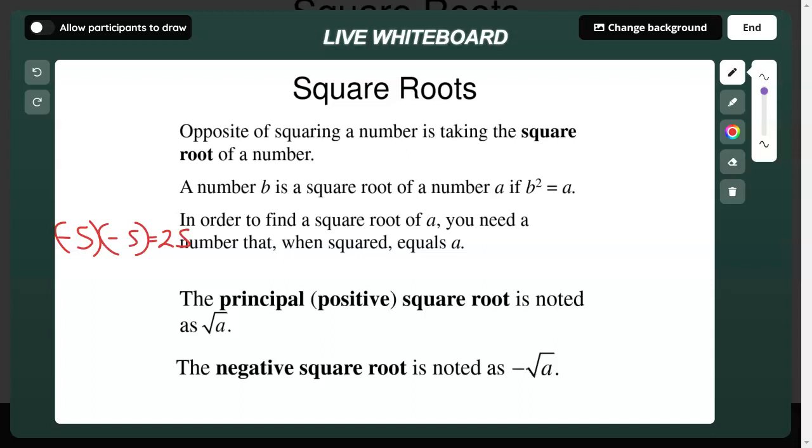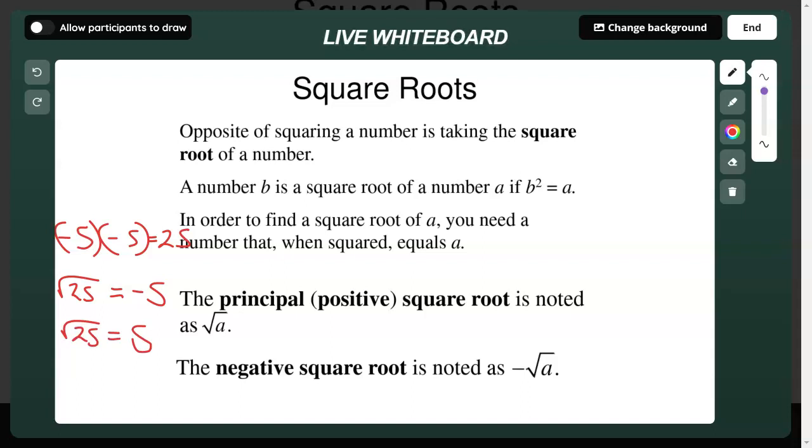Which means I could work backwards and say the square root of 25 is negative 5. I should be able to go backwards and forwards. But there's another number that when squared also equals 25. What is it? Positive 5. So the square root of 25 is also positive 5.